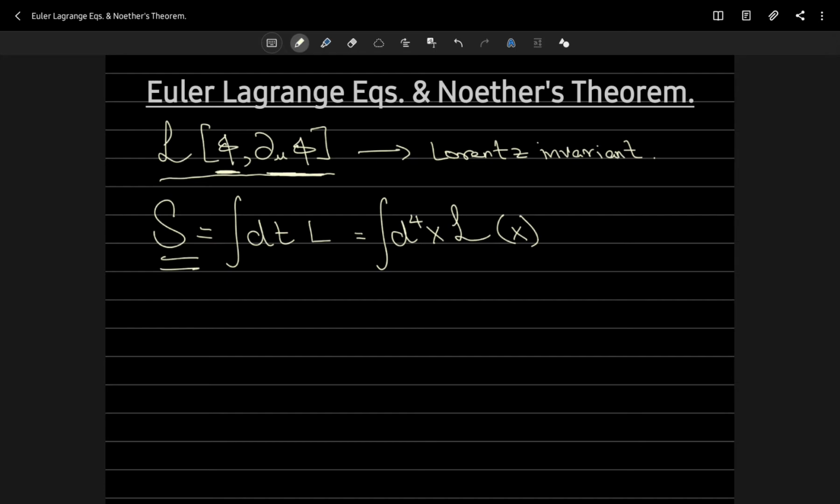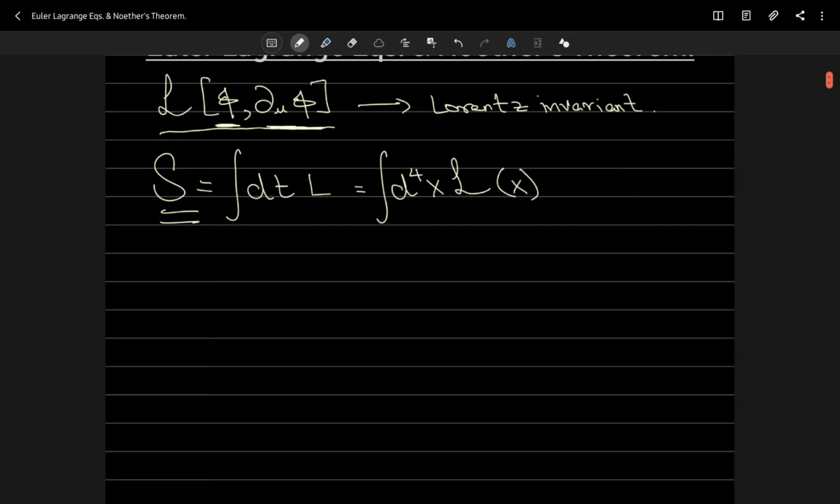What we are going to do is start by varying the field as phi goes to phi plus delta phi.